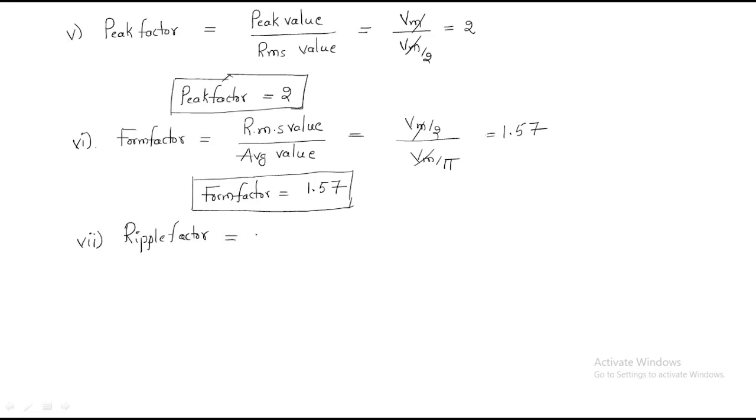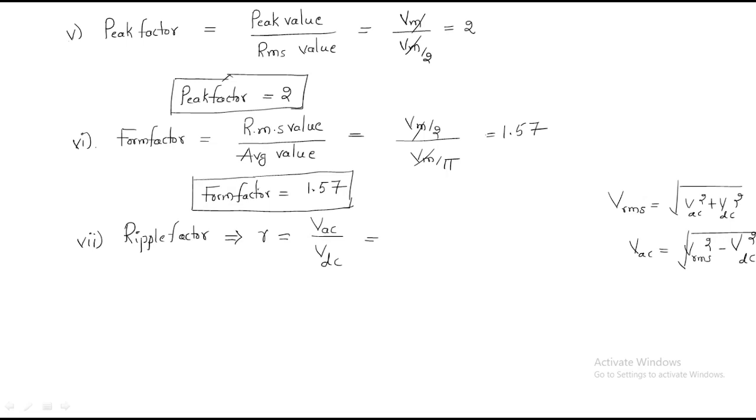The ripple factor is represented by gamma. It is the AC quantity by the DC quantity, because AC consists of the ripples, while DC doesn't have any ripples. Generally, the RMS quantity is a combination of AC as well as DC. From this we can write the AC quantity as the square root of Vrms square minus Vdc square.